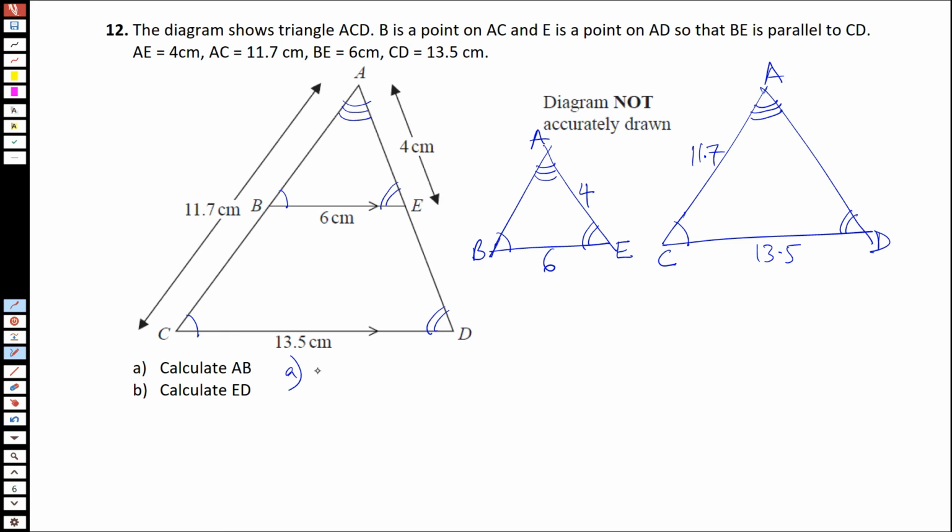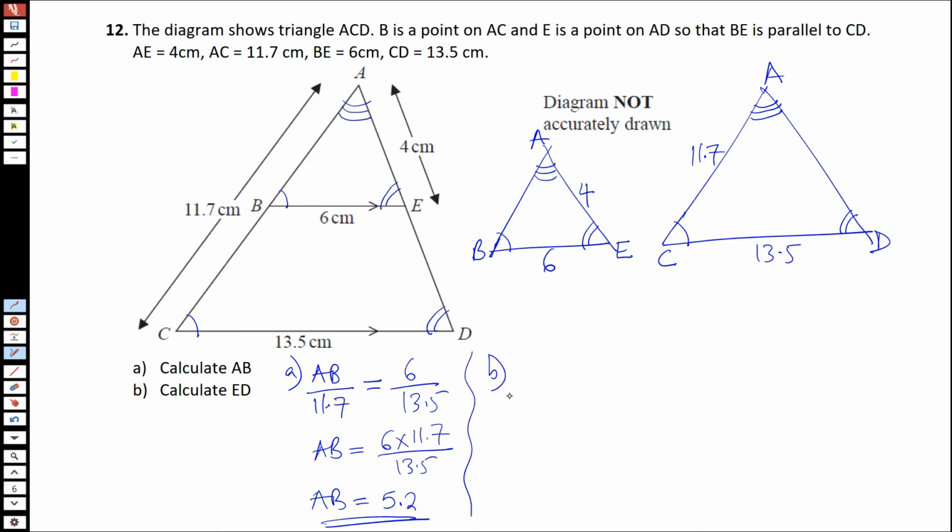AB, which is this one here, corresponds to that. So AB over AC, which is 11.7, should be equal to BE, which is 6, over CD, which is 13.5. So AB will be equal to 6 multiplied by 11.7 divided by 13.5. If you plug that in the calculator, that will be equal to 5.2.